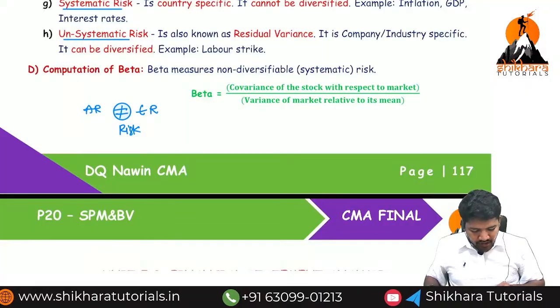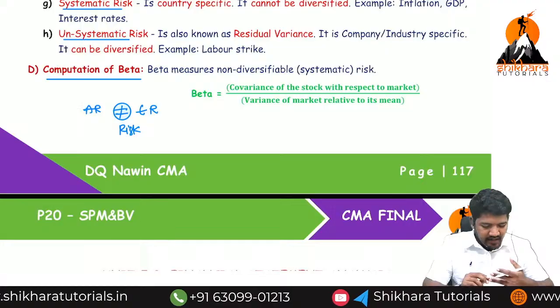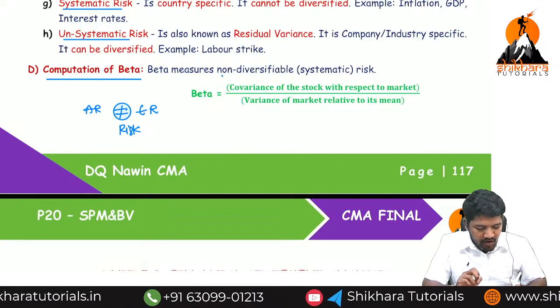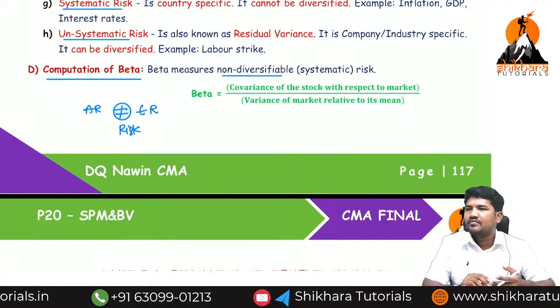Now, computation of beta. Beta measures the non-diversifiable risk. What does non-diversifiable mean, systematic or unsystematic? Yes.